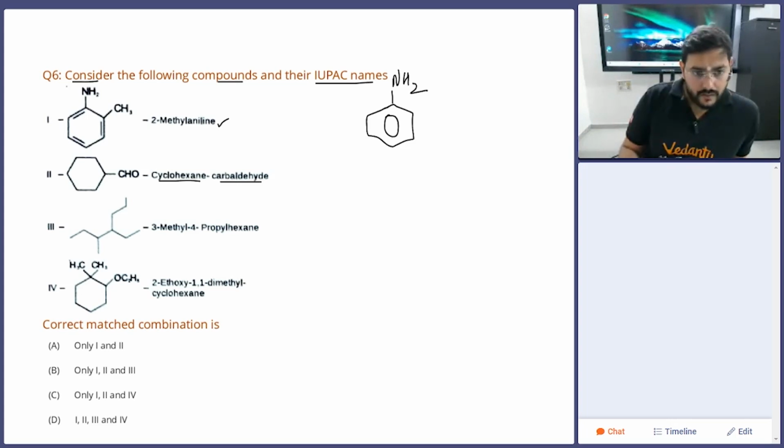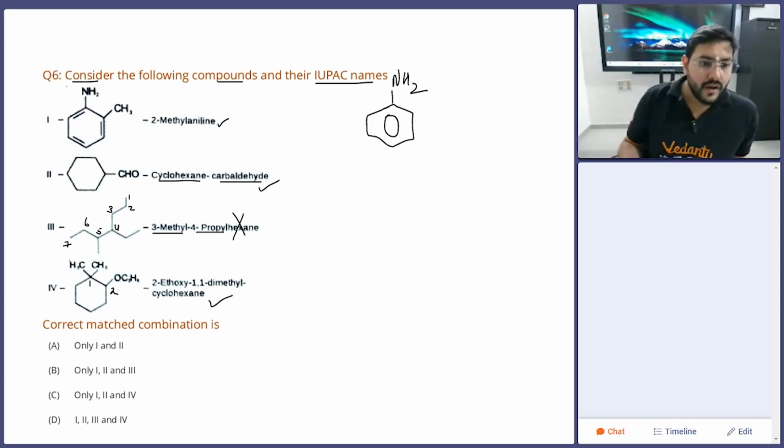Let's number: 1, 2, 3, 4, 5, 6, 7. It is saying 3-methyl 4-propyl hexane. Wrong naming, yes or no? Here, can we say 2-ethoxy 1,1-dimethyl cyclohexane? Yes, it's also perfectly fine.